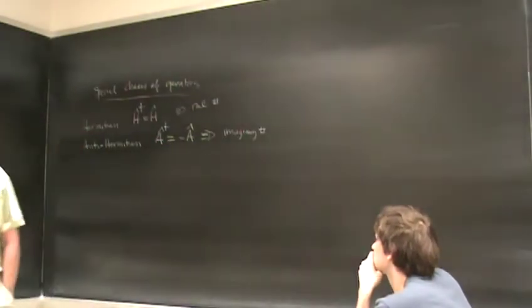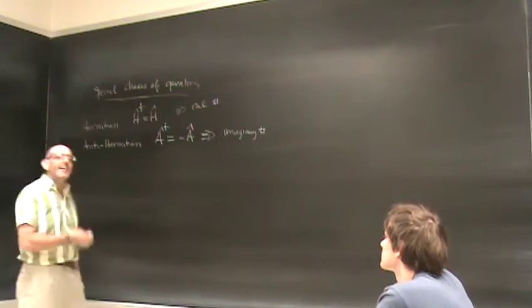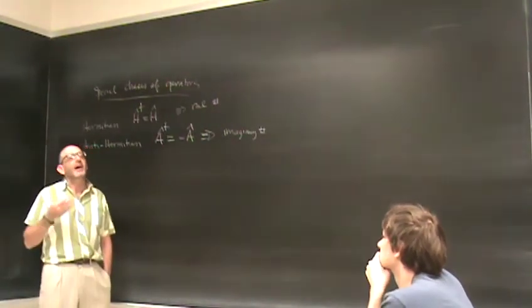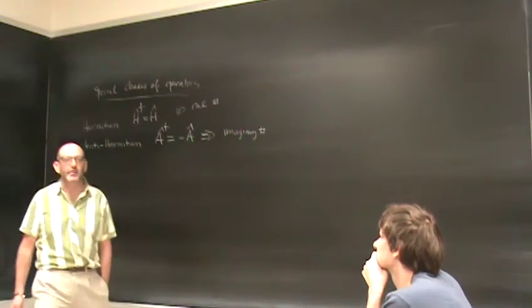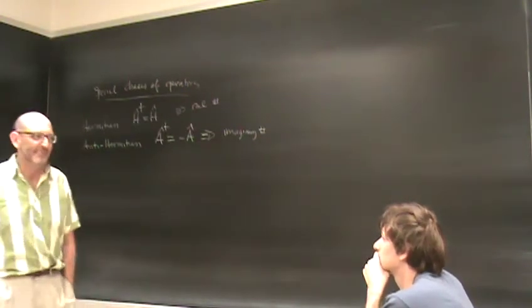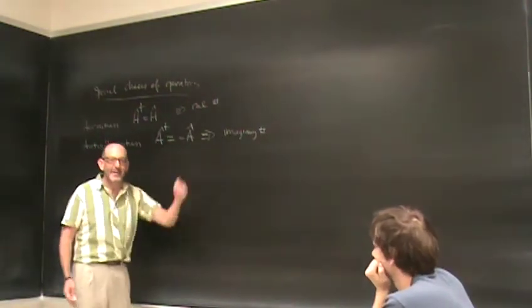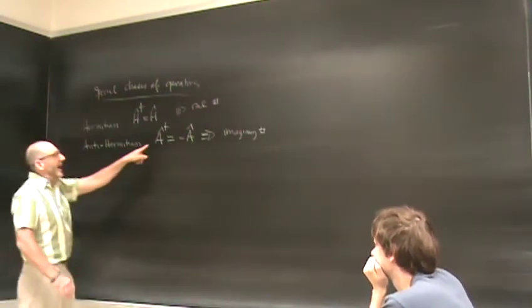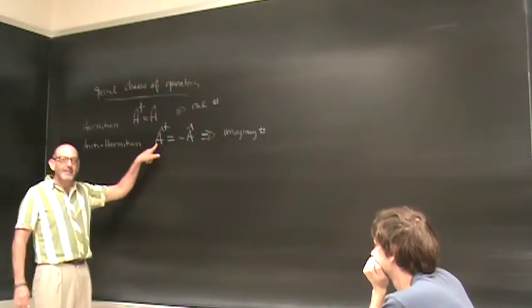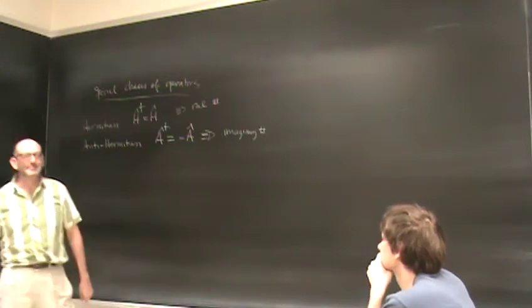The question was, is every anti-Hermitian operator the complex number i times a Hermitian operator? The answer is yes, for this very reason, because if I divide an anti-Hermitian operator by i, then it's Hermitian.